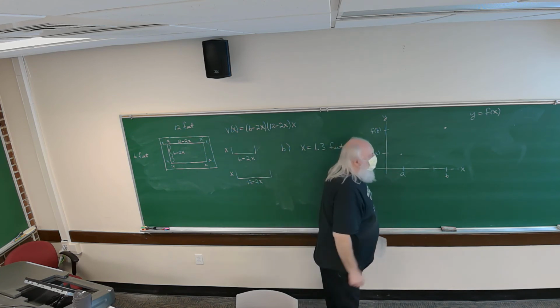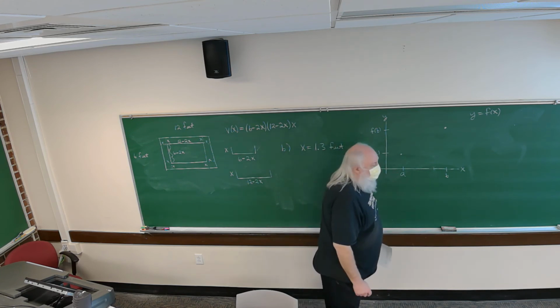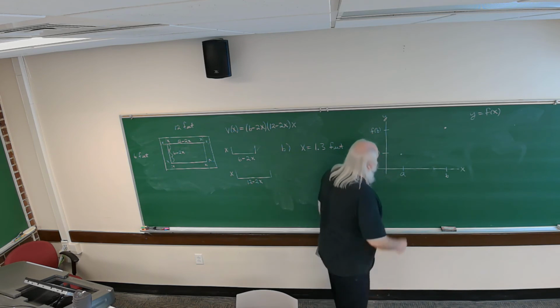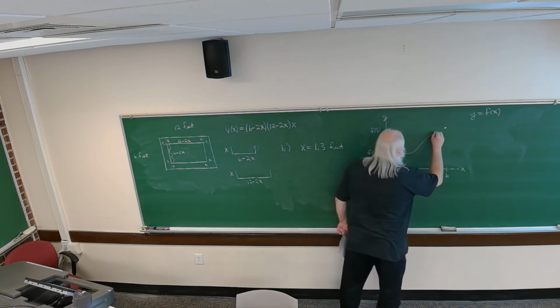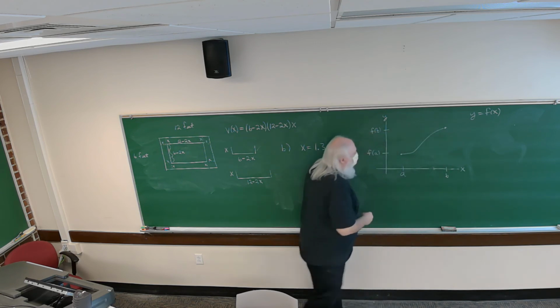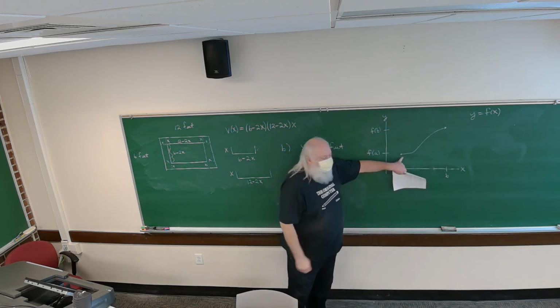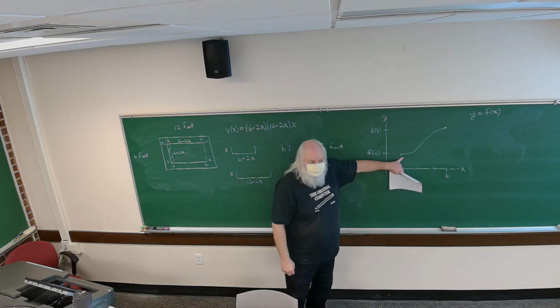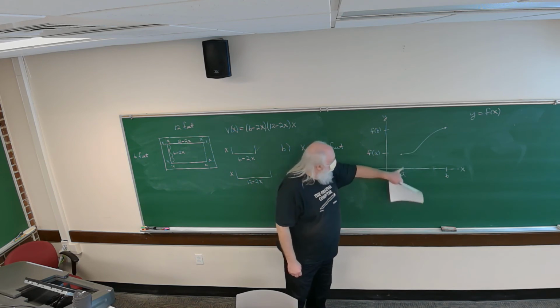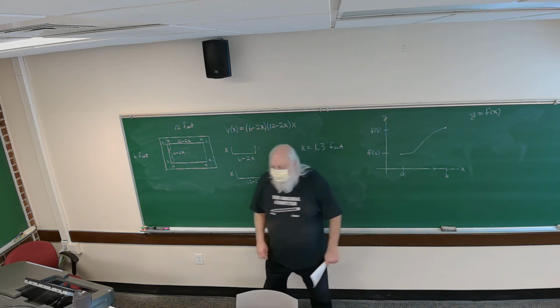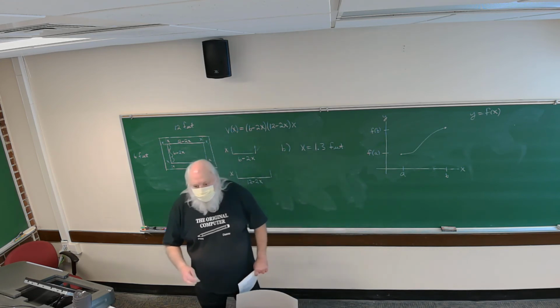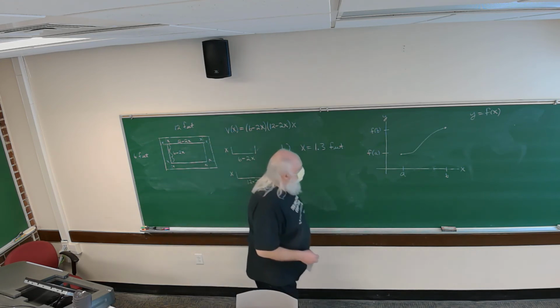Now, f is a continuous function on this interval, so you can trace out the graph of this function from x equals a to x equals b without taking your pencil off the paper. There are no holes or gaps or jumps or anything like that.